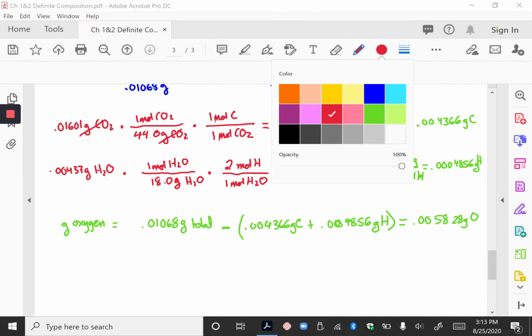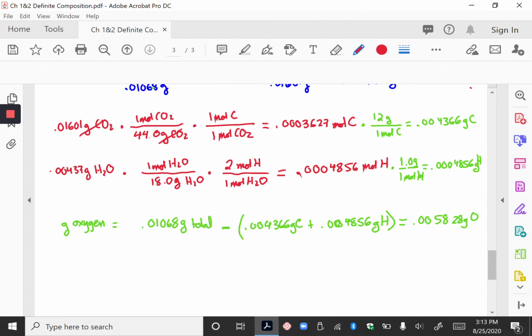That was kind of a lot of work, but now that we have grams of oxygen, we can go to moles of oxygen. So I'll do that in red so that all of our moles are in red. 0.005828 grams of oxygen. Change that to moles. 1 mole of oxygen, 16.0 grams.